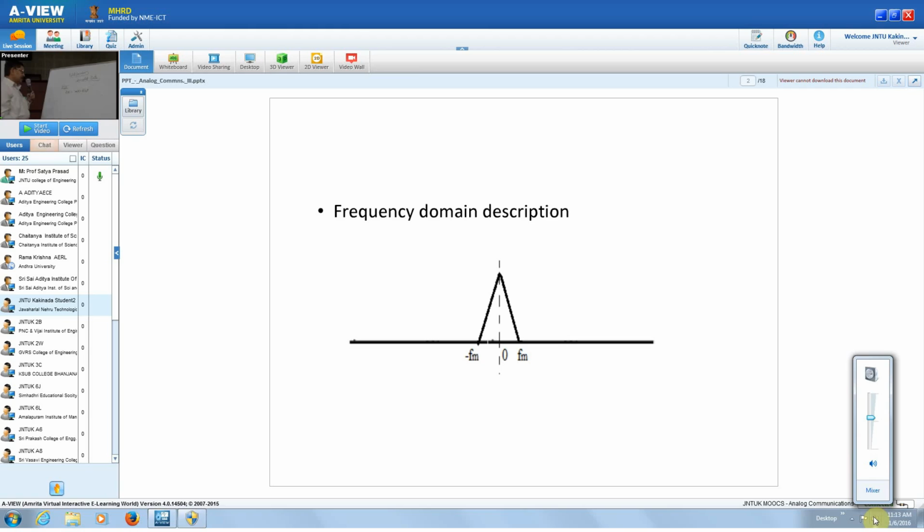Let us say that we have added this to the envelope detector. Will it be giving you the required output or not? So what is this?